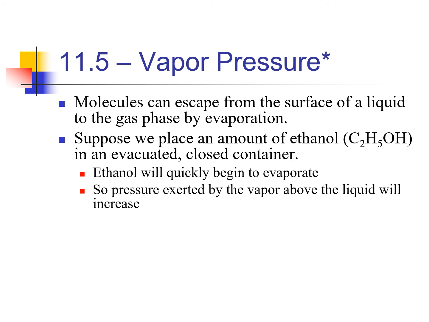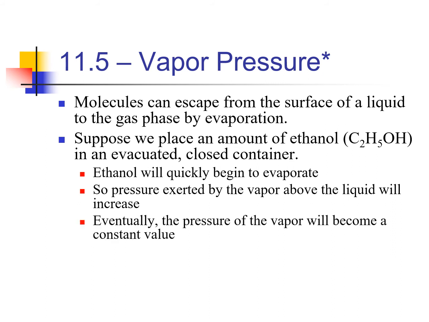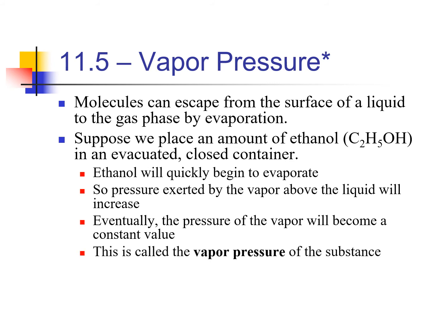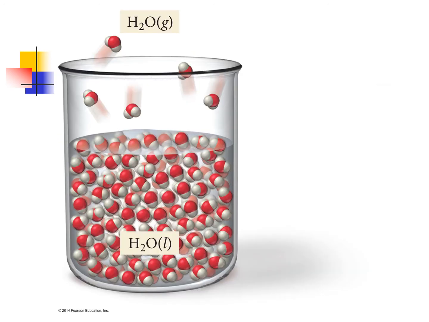Vapor pressure, by the way, is the pressure of that vapor. Eventually, the pressure of the vapor will become a constant value. That's called the vapor pressure. So when left alone in a sealed container, that's the pressure that a liquid's gaseous phase will produce.